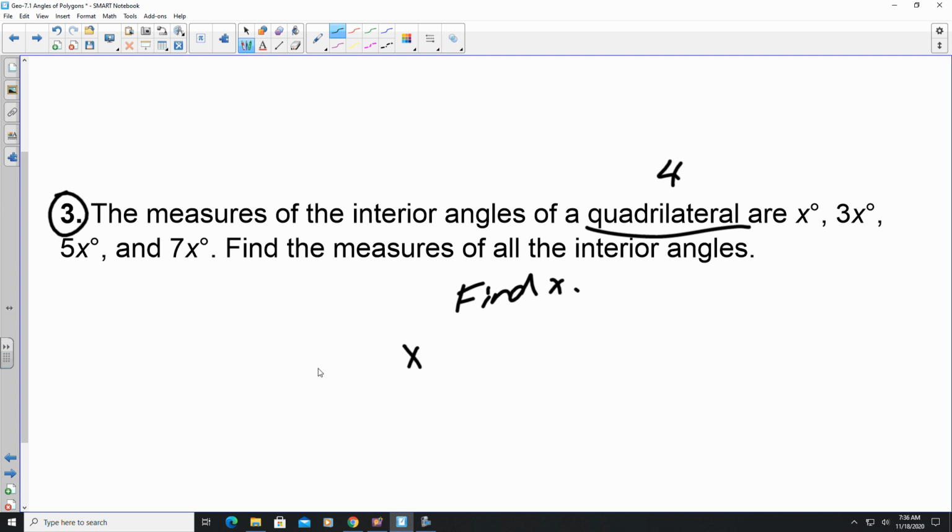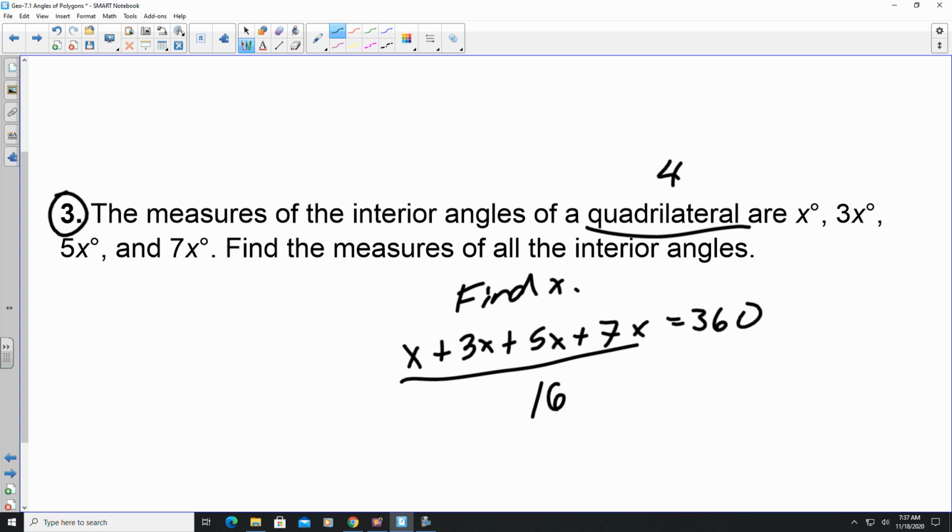So I can say that x plus 3x plus 5x plus 7x will equal 360 degrees. When I combine all these like terms, I get 16x, and that'll be equal to 360. Divide everything by 16, and x will equal 22.5.